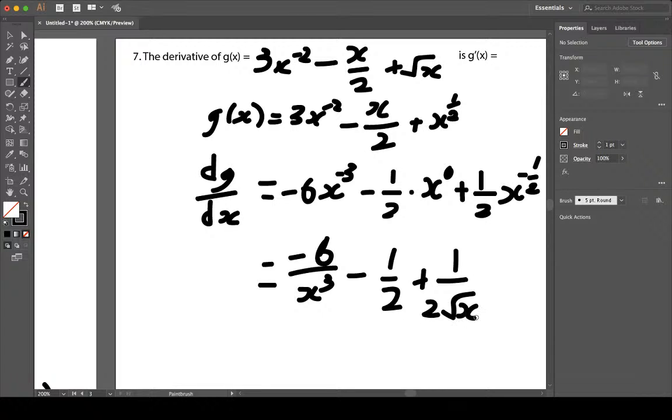And so with this, we can just rearrange that a little bit. That's minus 6x cubed plus 1 over 2 square root of x, minus half. So the answer would be E.